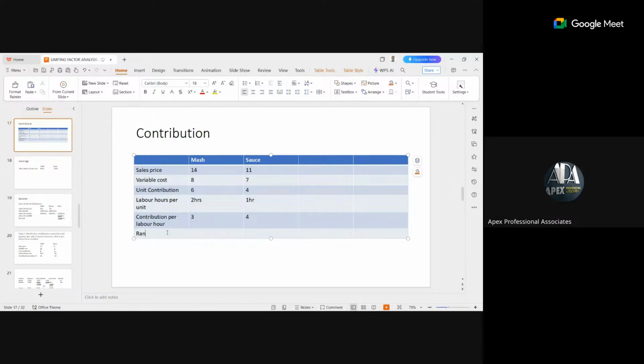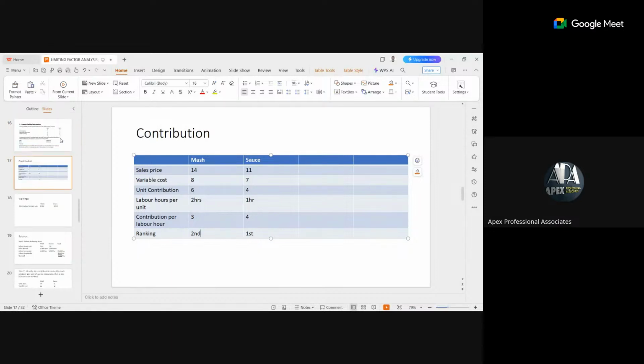So which is ranking first now? It's source. Source is ranking first. Which is ranking second? It's mesh. Now, if we are to produce, we will produce source first.